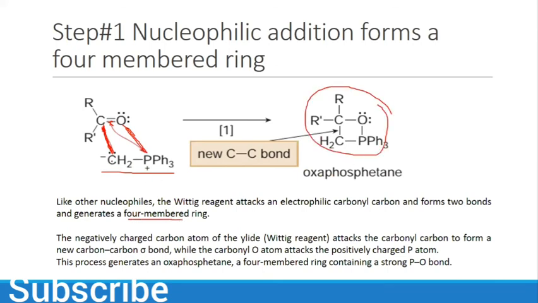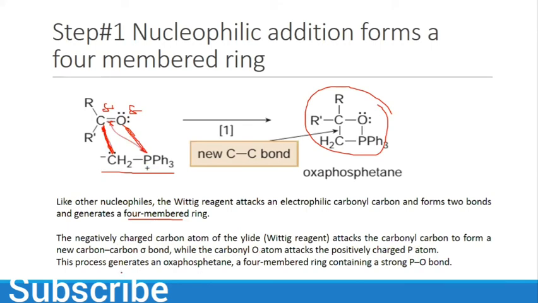How? This negatively charged carbon will attack this carbon because it sees a positive charge here, and it is negative, so it will form a single bond with this carbon, and oxygen forms a single bond with phosphorus, which is positively charged. The negatively charged carbon atom of the ylide Wittig reagent attacks the carbonyl carbon to form a new carbon-carbon sigma bond, while the carbonyl oxygen atom attacks the positively charged phosphorus atom.